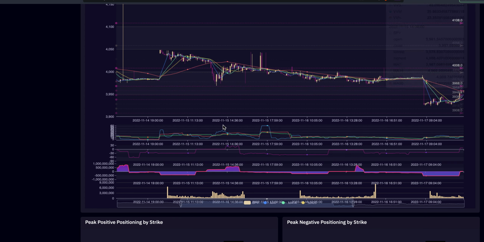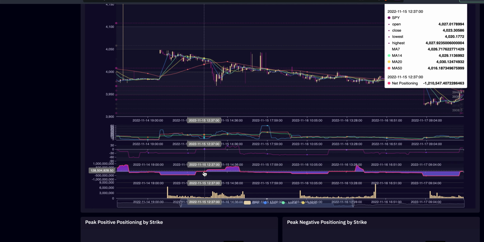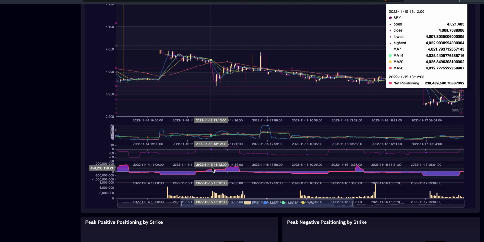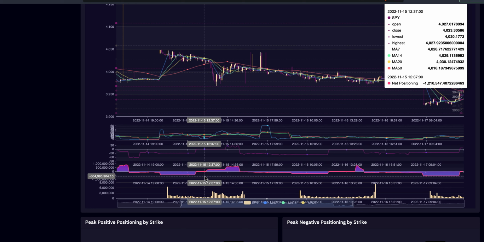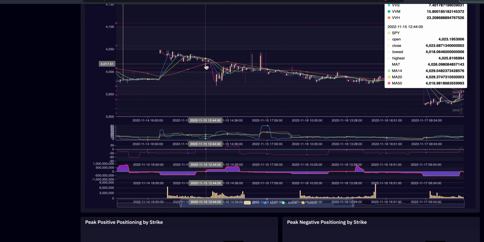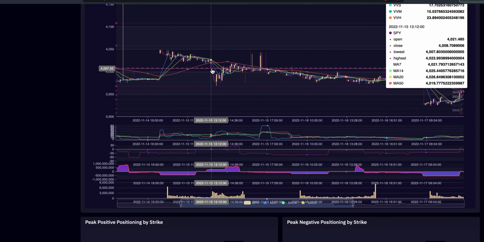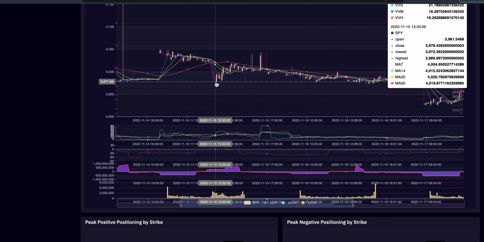That's where the selling really started to kick in. Notice this, right? As we're dumping in this little section, positioning was doing the opposite. So positioning was actually going up during this downturn. Then that accelerated, at which point it's like, okay, fine, we broke through this level, cut off here.